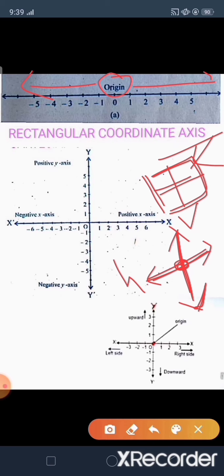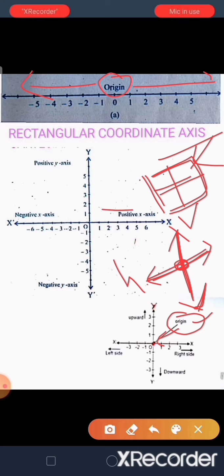Also, these two lines cross each other at their zeros or origins, and this crossing point is called the origin. These two perpendicular lines cut each other at a crossing point, so this crossing point is known as the origin. Now in the Cartesian plane we have the other directions. From 0 to the right we get the x-axis in the positive direction. From 0 upward we get the y-axis, also in the positive direction.